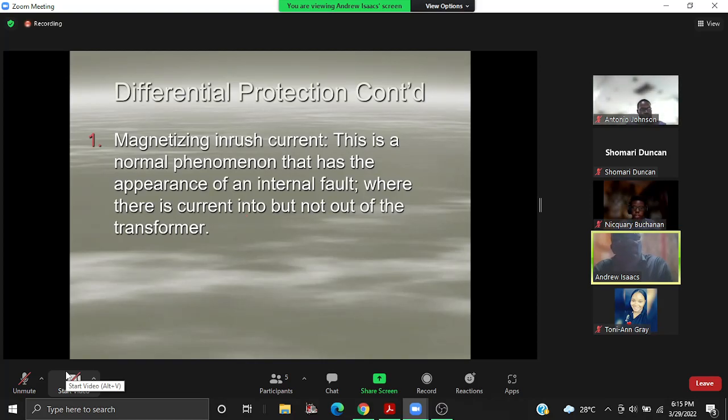But at the time of energizing the transformer, all the current that is taken in will be used for magnetization purposes. So you won't get a commensurate output. So the differential system, based on its construction or design, would see that as a fault because there's current coming into the transformer, but there's nothing going out to the load. So how do we treat with that?